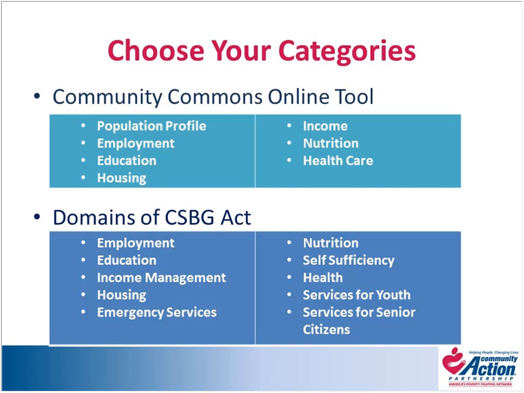You don't necessarily have to collect data in all of the categories. That might be somewhat cumbersome. But you really want to look at what community needs you have and get an array of where the needs are within these different categories, and then that can help you narrow down where you need more information based on where you're seeing these needs.